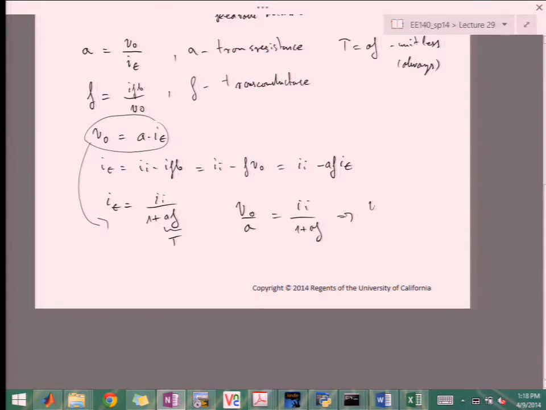Or in other words, VO over II, which is our closed loop gain, in this case a transresistance, is A over 1 plus AF.